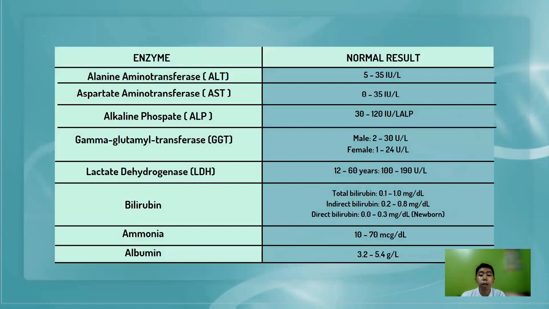And the direct bilirubin is 0.0 to 0.3 milligram per deciliter for newborn. And next, the ammonia. Its normal result is 10 to 70 micrograms per deciliter. And last, albumin. Its normal result is 3.2 to 5.4 grams per liter.